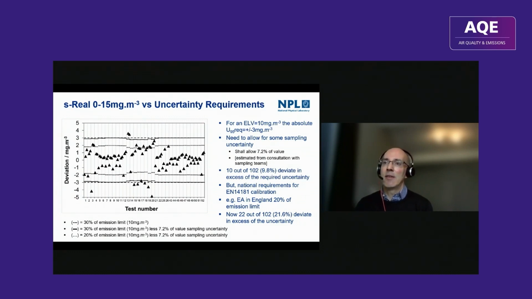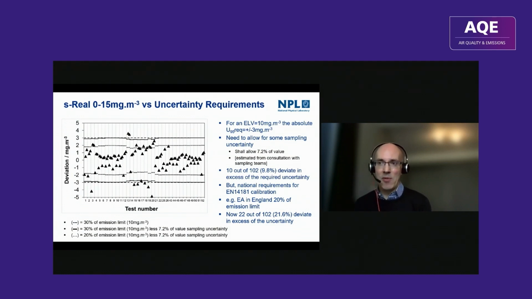If you look in EN 1911 in clause 8, it will say that the uncertainty required for the overall method is 30% of the emission limit value. So 30% of 10 milligrams gives us plus or minus 3 milligrams as the overall method required uncertainty. And that can be represented on the plot with the dashed lines at plus 3 milligrams and minus 3 milligrams that you can see.